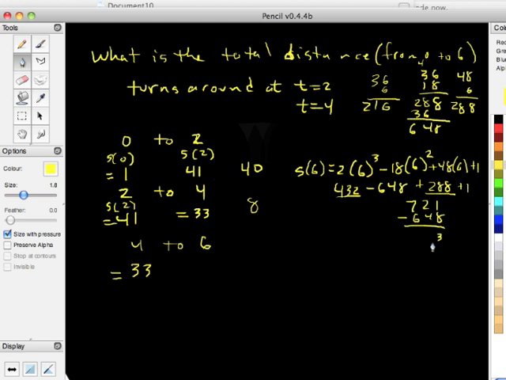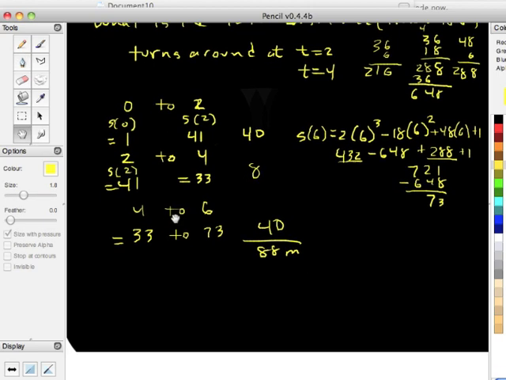This is 73. So what's that distance? That's 40. Add these up together. 40 plus 8 plus 40 is 88. 88 meters was the total distance.